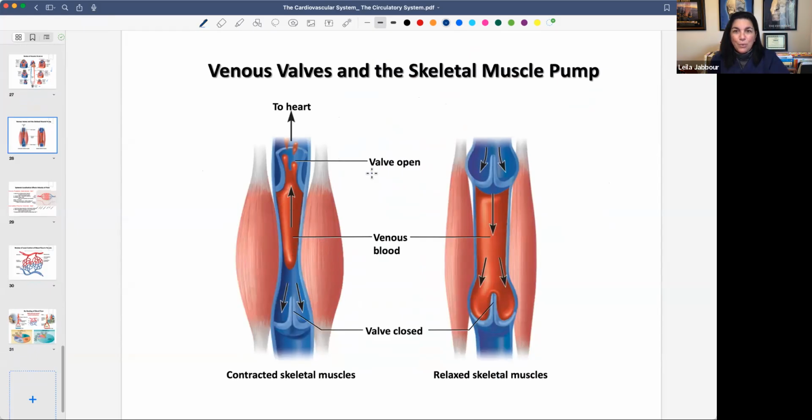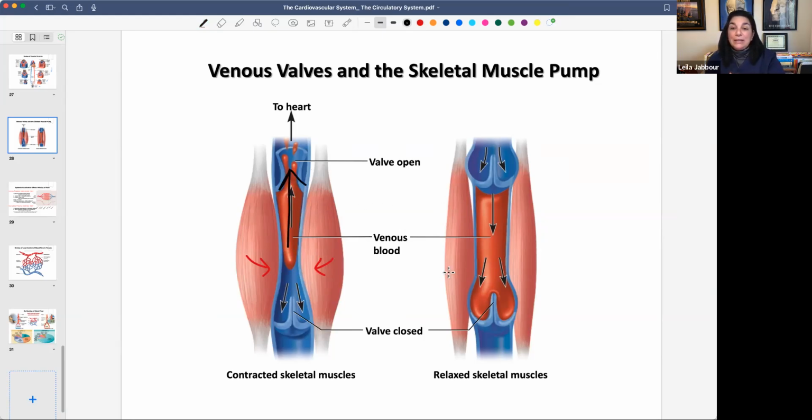So here it is. When the skeletal muscles in your legs, for example, contract, they actually squeeze the veins that are going between them, and it allows them to squeeze this blood upwards, like that.